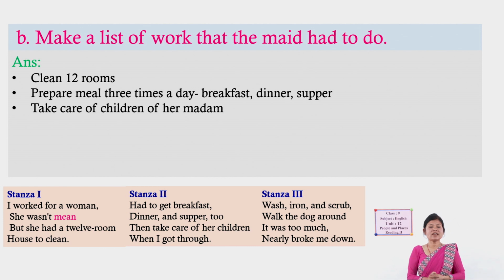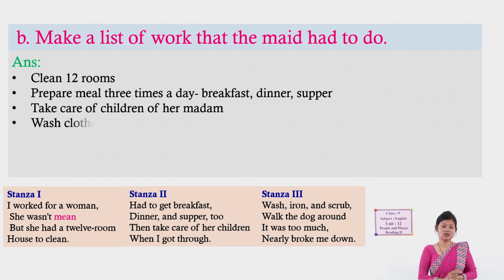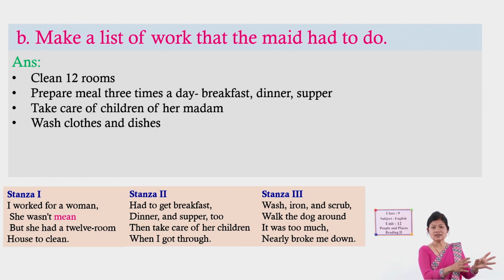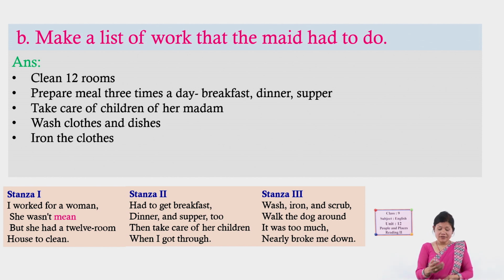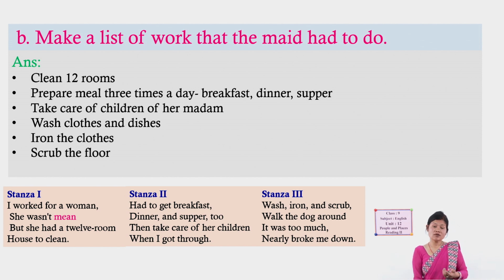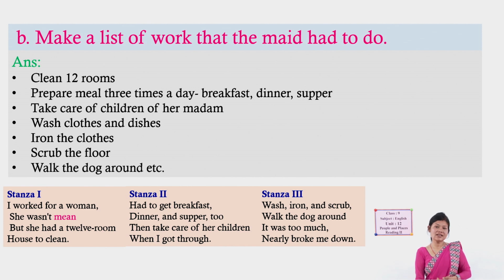Take care of children, of her madam, other, yes, wash clothes and dishes. So, wash means washing dishes, washing clothes, iron the clothes, scrub the floor, walk the dog around, etc. So, these are the list of the works that maid had to do.